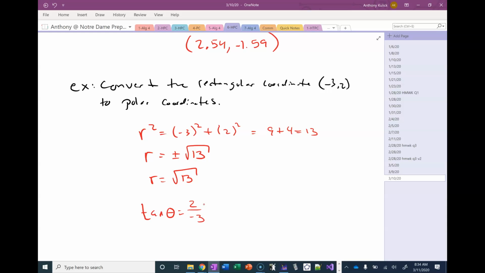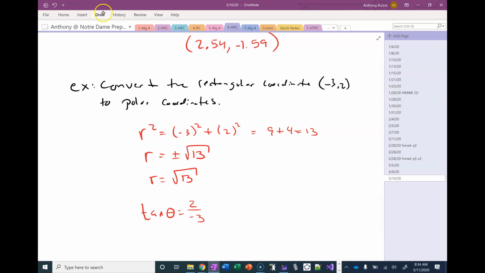It's negative 90 to positive 90. If I look at the angle here, is that angle between the two that we specified there? No. So we're going to have to do some adjustment here.